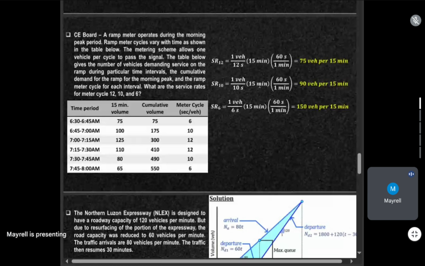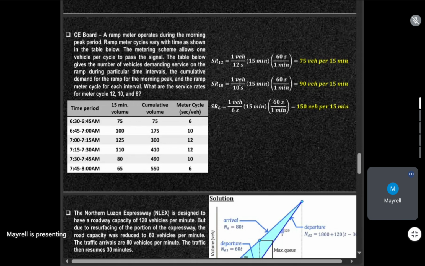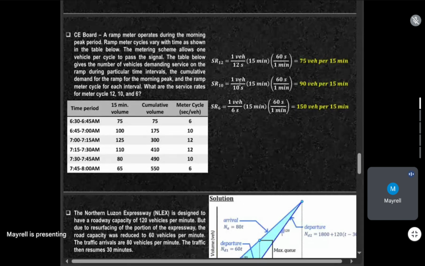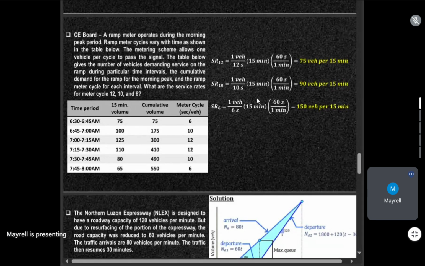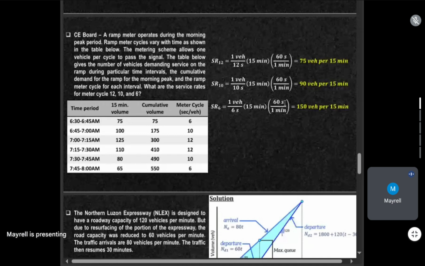For the meter cycle of 10, if you can serve one vehicle for 10 seconds, multiply that in the 15 minutes, 60 seconds times 15 minutes, so 90 vehicles per 15 minutes. And service rate for 6 seconds, if you can serve one vehicle per 6 seconds, in 15 minutes, times 60 seconds per minute, you can serve 150 vehicles per 15 minutes.